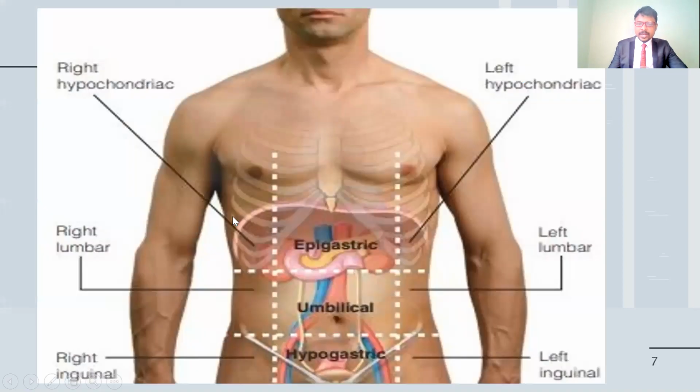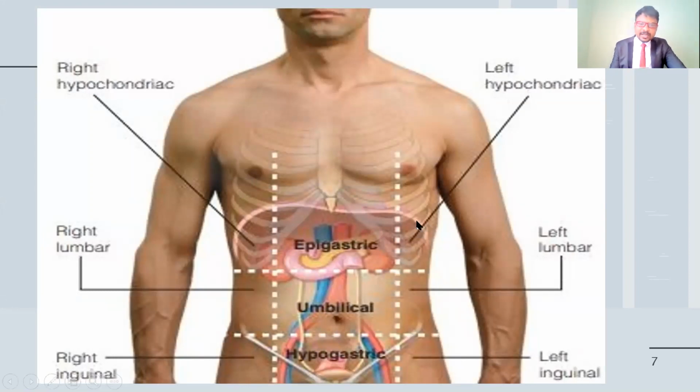We can call it either, but we are going to divide it into quadrants. The epigastric is at the gastric, the stomach level. The umbilical is at the umbilicus, the navel level. Hypogastric means below the stomach, also called suprapubic. The pubic bone is the hip bone, so above the bone is the suprapubic region.